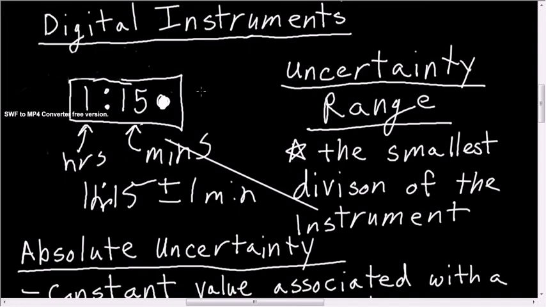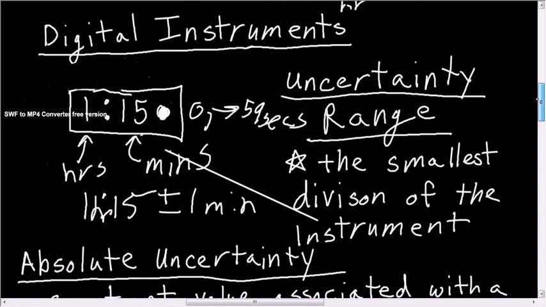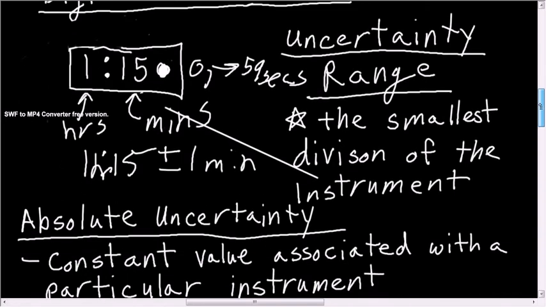It could be 0 seconds, or it could be all the way to 59 seconds. So we only know that it's greater than 0 seconds and less than 59 seconds. So we say that the range of uncertainty for a digital instrument is plus or minus the smallest division of the instrument as a whole. Okay, so that's a little bit different. So keep in mind, whether you're using a digital instrument or an analog instrument, how to measure uncertainty properly.